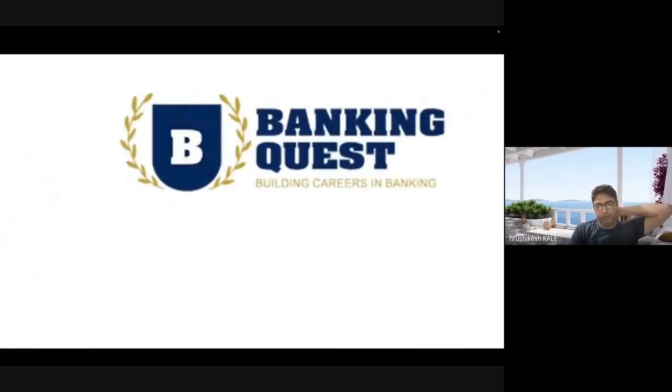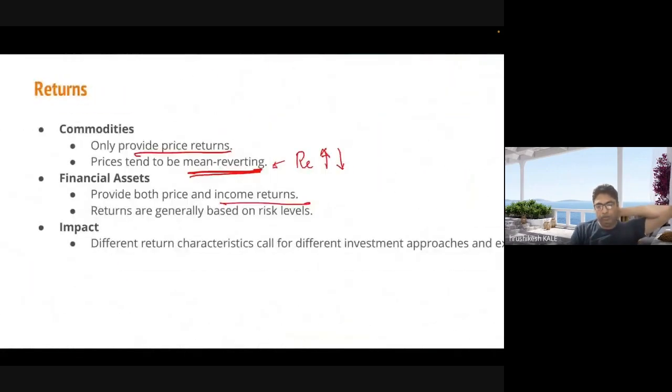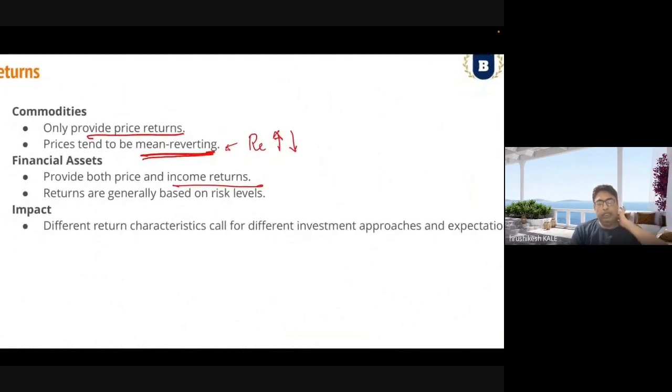If you see gold in US dollars, you will understand what I'm trying to say. For years together, it's between 1700 and 1900 or so. So it goes up to 2000, comes back, goes again to 1900 and so forth.